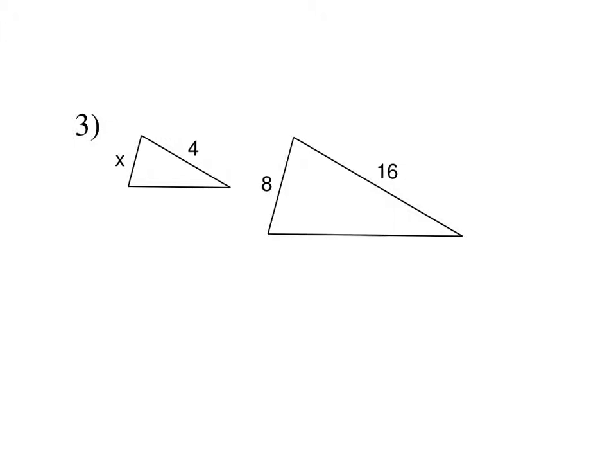Okie dokie, so I've got these two images that are similar, and the corresponding sides are going to be this x and this 8 corresponds with the side 4 and 16.